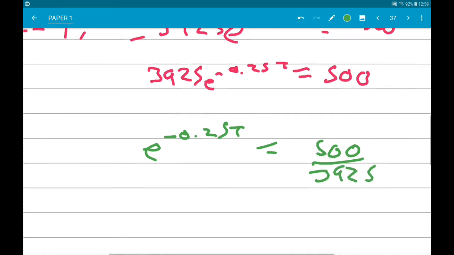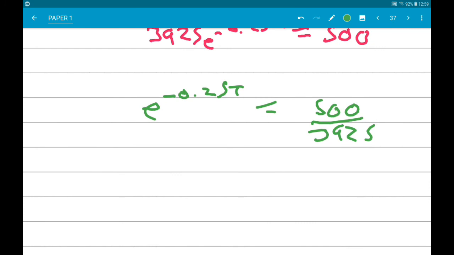Take logs on both sides, so minus 0.25t is the log of the fraction.